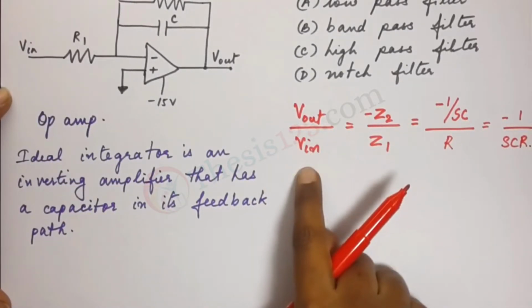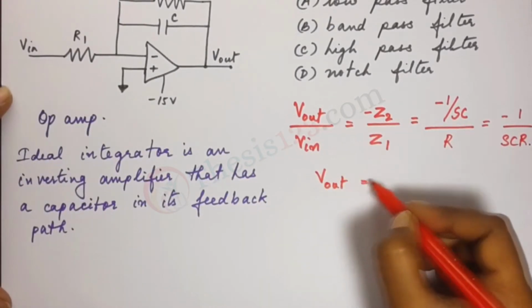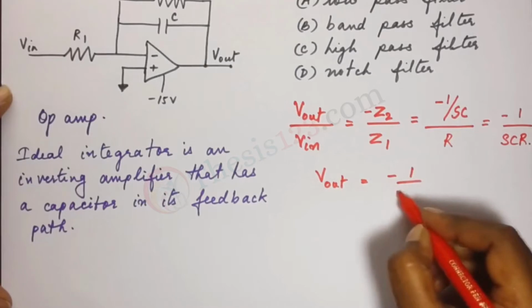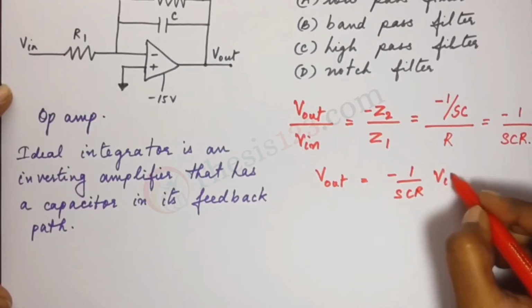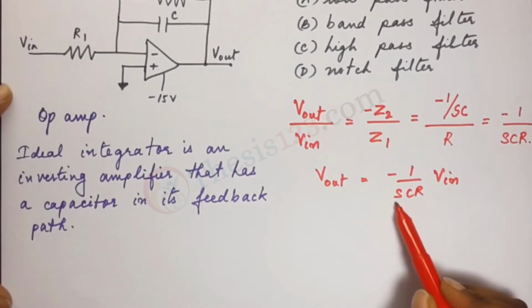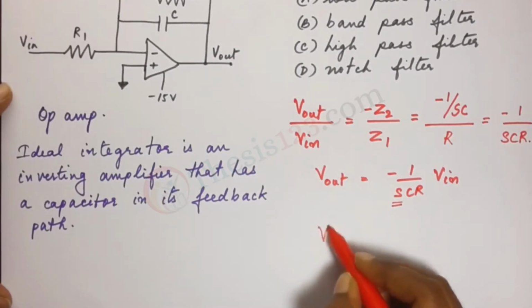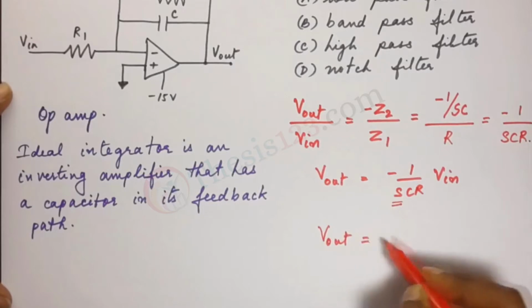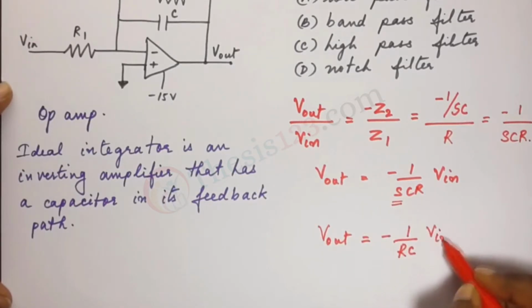Now to put this in better perspective, we can say that the output is minus 1 by SCR times V in. Okay, so if we were to convert the S in terms of time domain, then we can simply write this as V out dot is equal to minus 1 by RC V in.